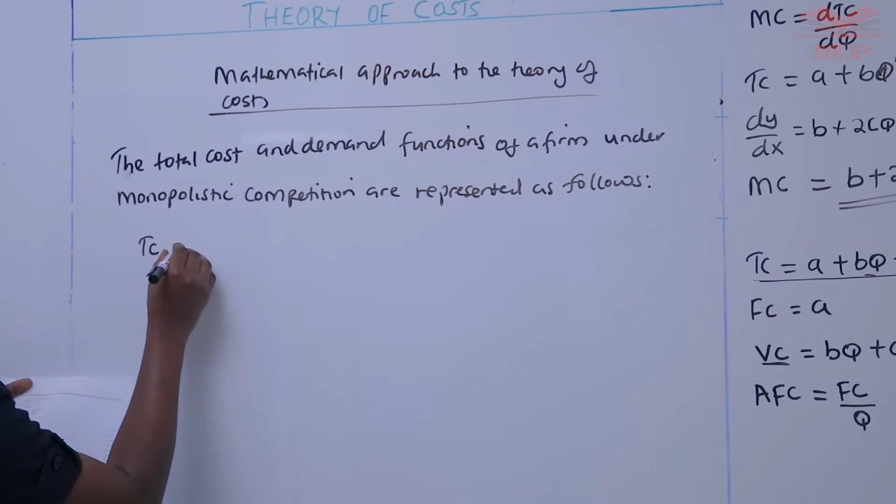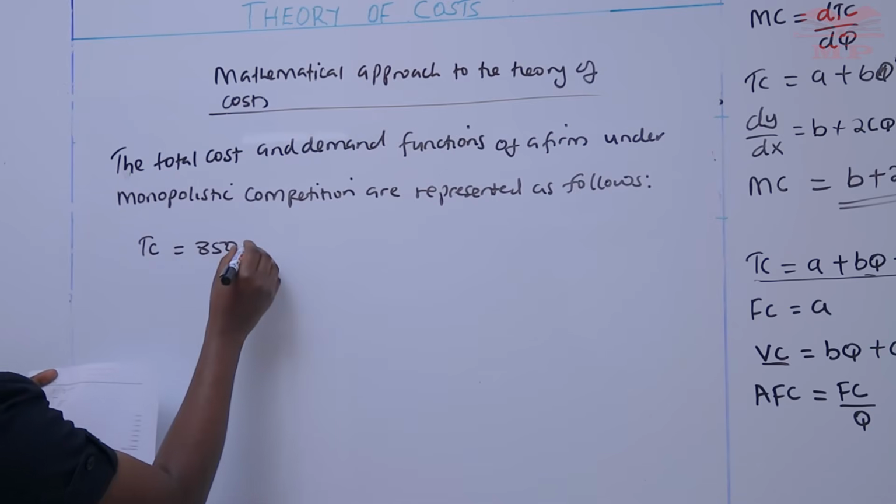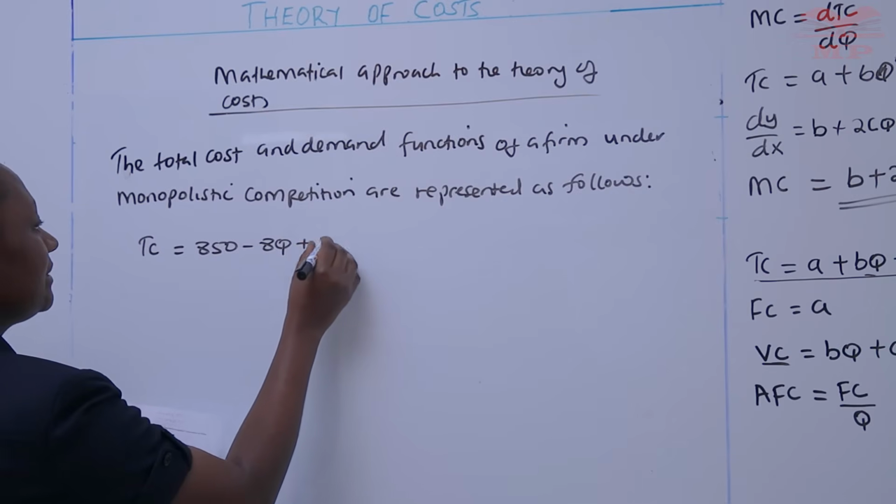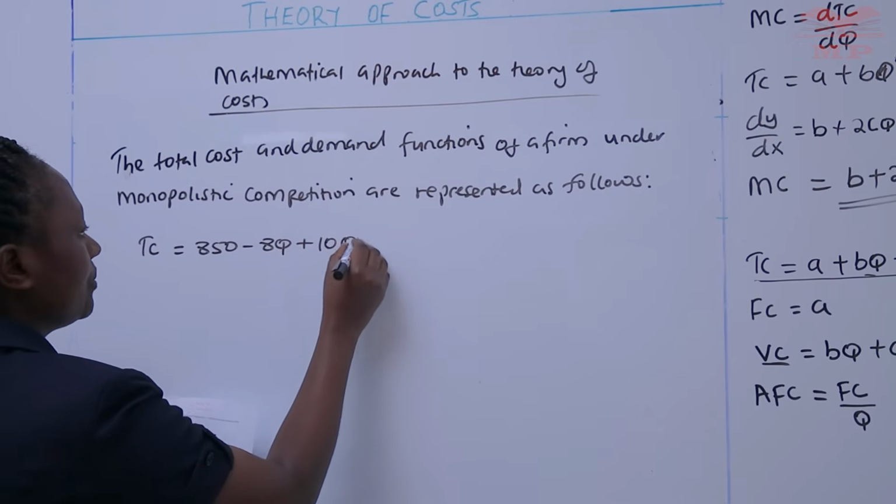So total cost equals 850 minus 8Q plus 10Q squared.